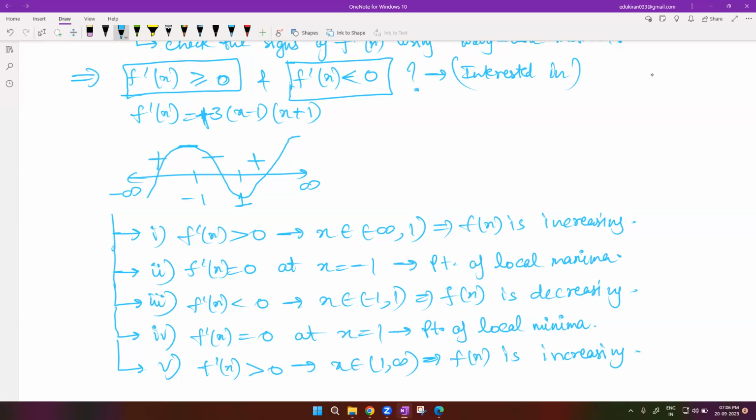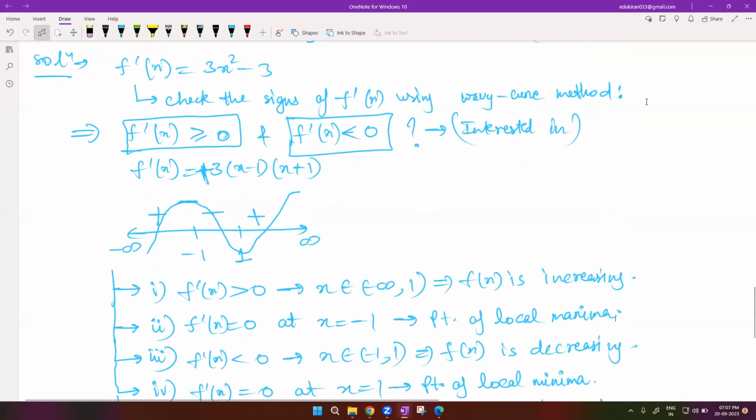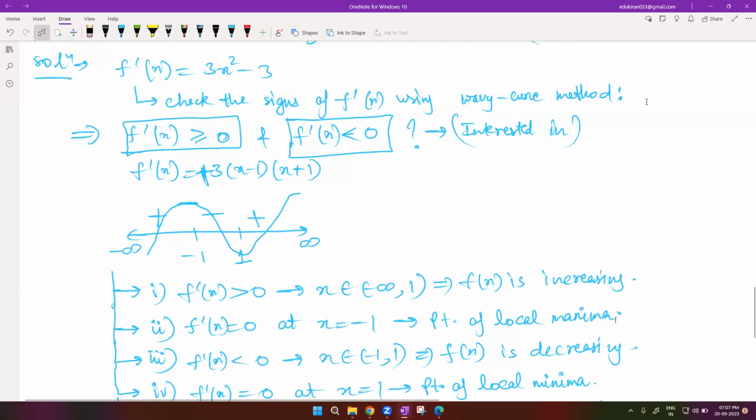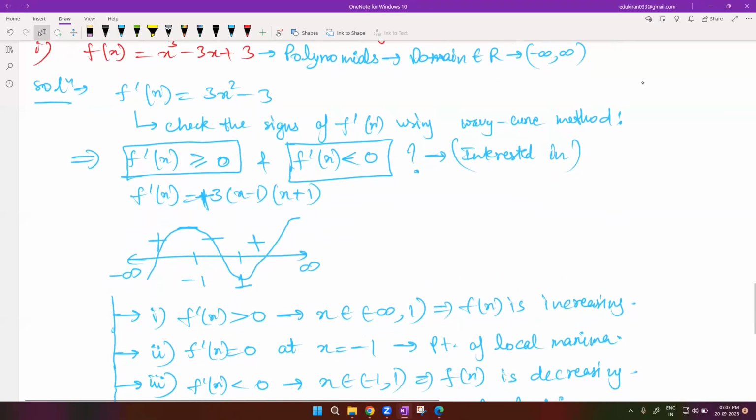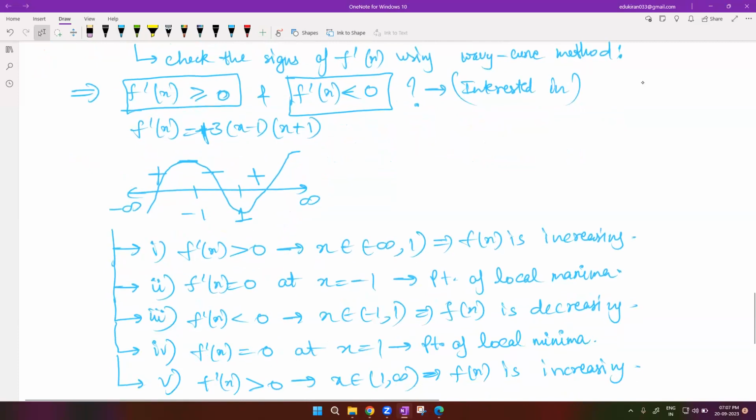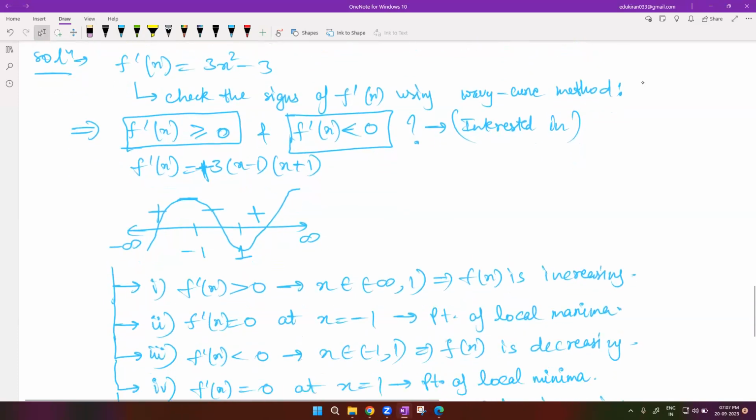We can also find out the value of fx at these points. We want to understand the value of fx at x equals -1, which is the point of local maxima. fx is x cube minus 3x plus 3.